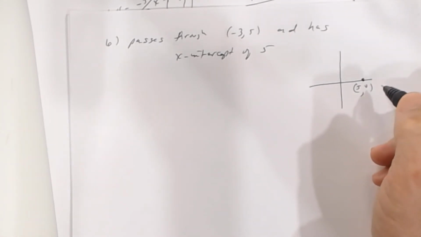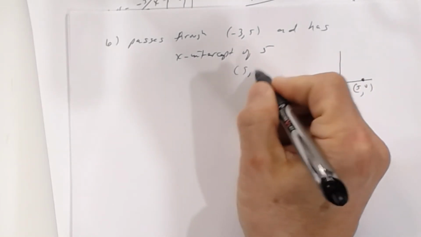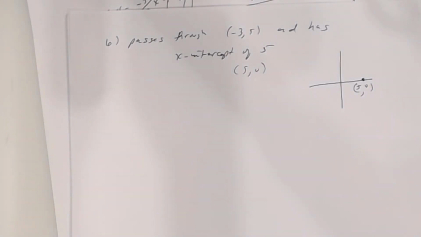Not 0, 5. So you've got to rewrite this as 5, 0 now. And now this becomes numbers 1, 2, and 3. So now you do this like you did 1, 2, and 3. Don't make the mistake and think that's the y-intercept, because it actually says what? x-intercept. The x-intercept and y-intercept are the same thing only if it's at the origin.